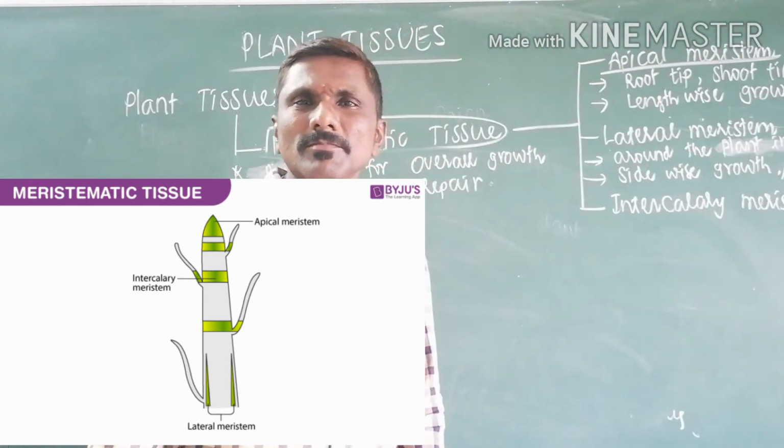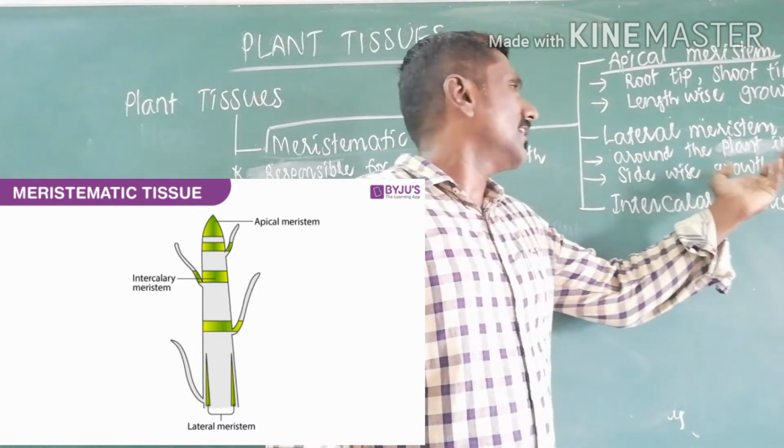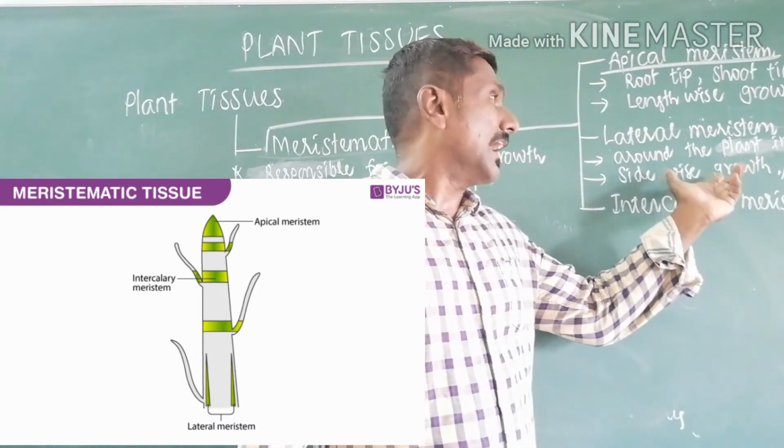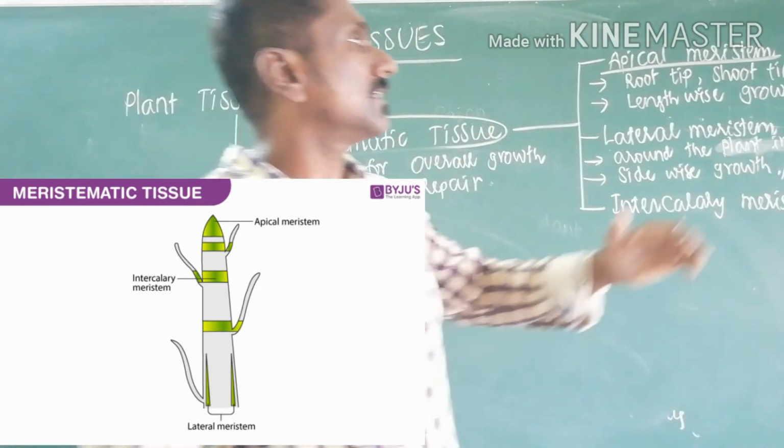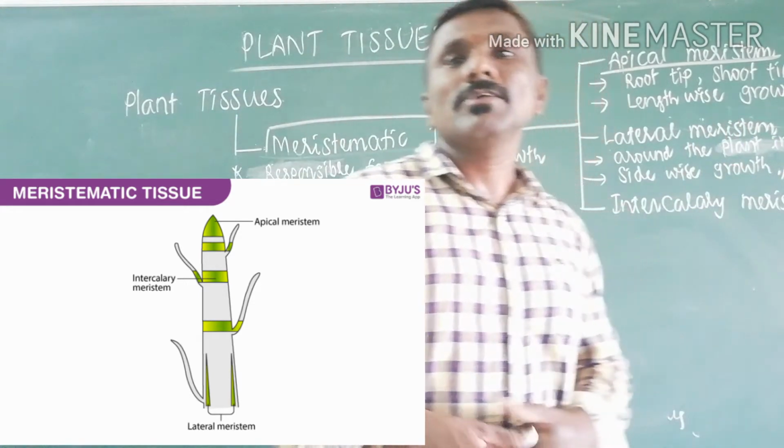The lateral meristem is responsible for the sidewise growth, and it is present in a lateral manner around the plant body, and it will increase the girth of the stem.